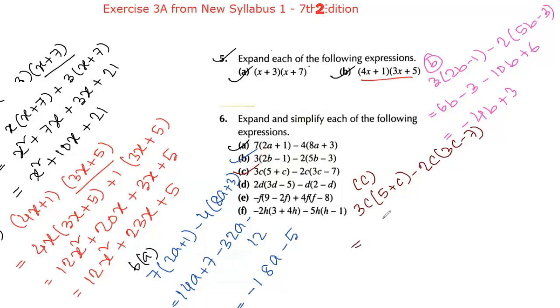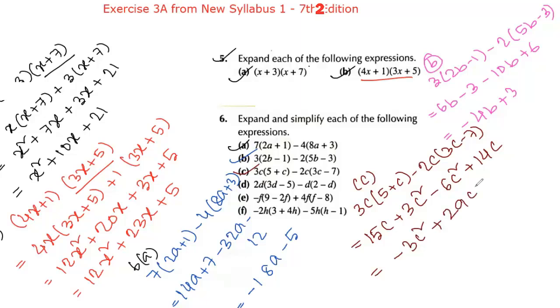So 3C into 5 at first. 3C into 5 will be 5 3s are 15C plus 3C into C will be 3C squared, minus 2C into 3C, 2 3s are 6C squared, minus into minus plus 7 2s are 14C. So 3C squared minus 6C squared will be minus 3C squared, and 15C plus 14C will be plus 29C.